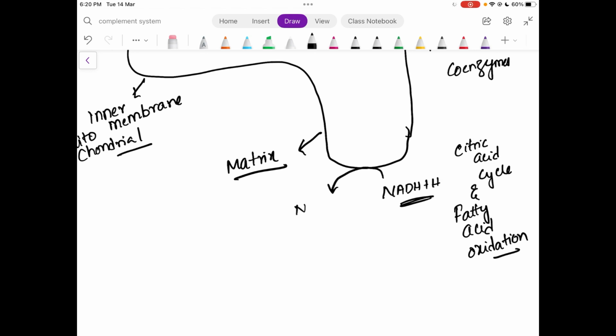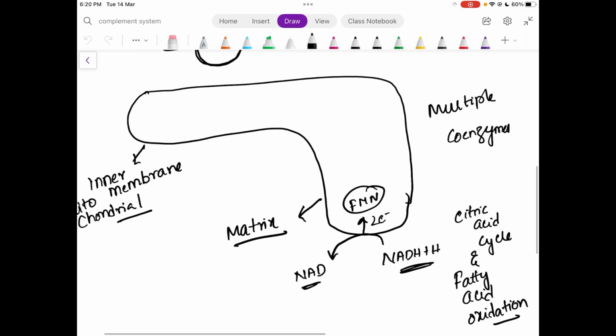This NADH will donate electrons to FMN. 2 electrons are donated by NADH. These 2 electrons are transferred to iron sulfur clusters, which are present in the complex 1.